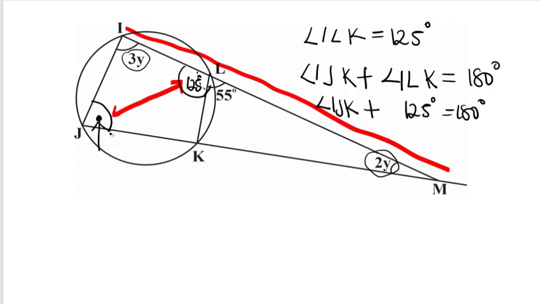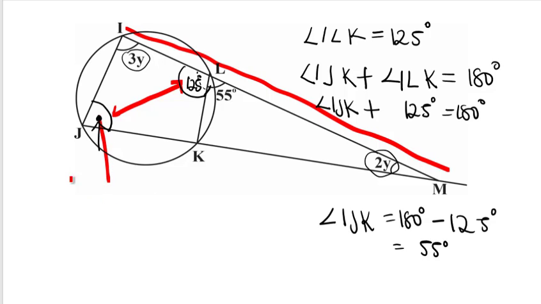How do we find the angle IJK? Let's make it the subject. So we are going to have our angle IJK equal to 180 degrees minus 125 degrees, and this will give us 55 degrees. So it means that the angle here is 55 degrees.